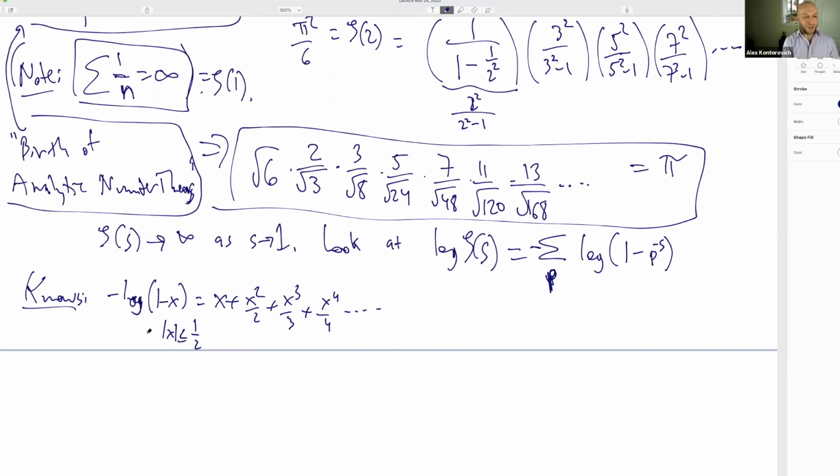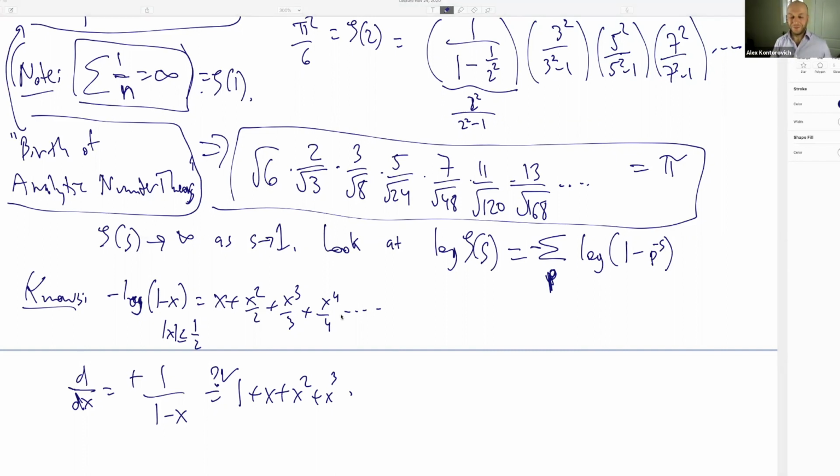I think that's right, because if I differentiate both sides, on this side I get 1 over 1 minus x, and on this side I get 1 plus x plus x squared plus x cubed. Yes, so I get the geometric series. That's correct. And so these two are off by a constant, but the constant is 0 because as I send x to 0, I get log of 1, which is 0, which is also 0 on that side.